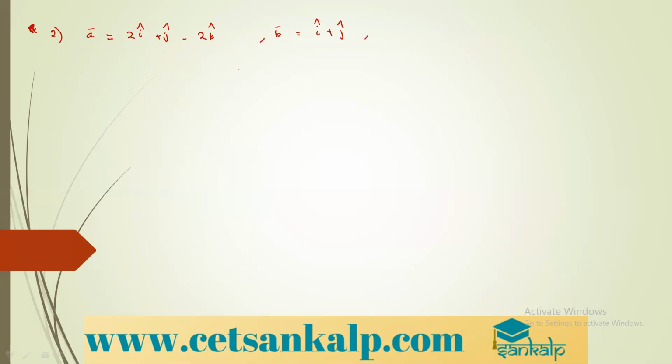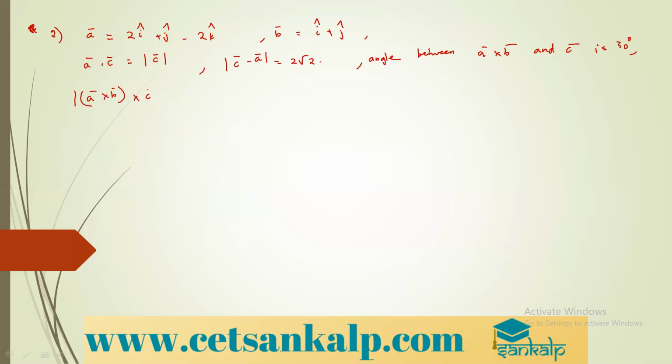There is a vector C such that A dot C equal to magnitude of vector C, and magnitude of C minus A is equal to 2 root 2, and the angle between A cross B and C is 30 degrees. Then you have to find magnitude of A cross B cross C. That's the question.